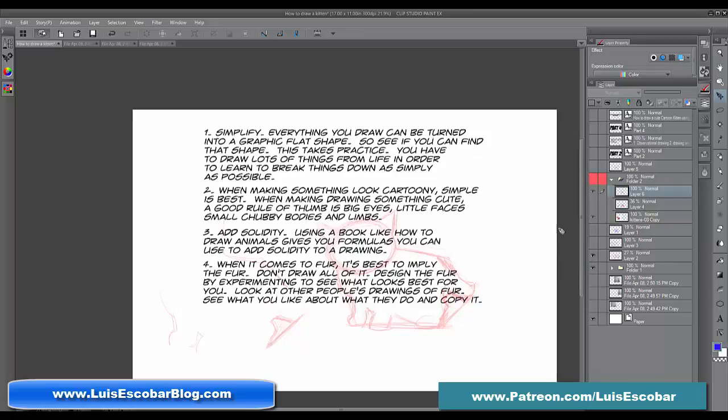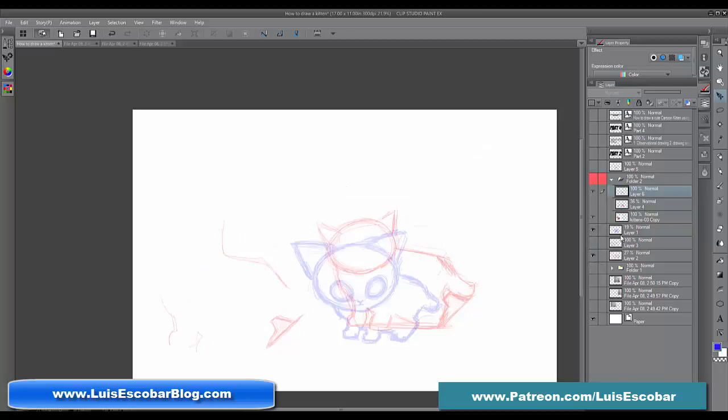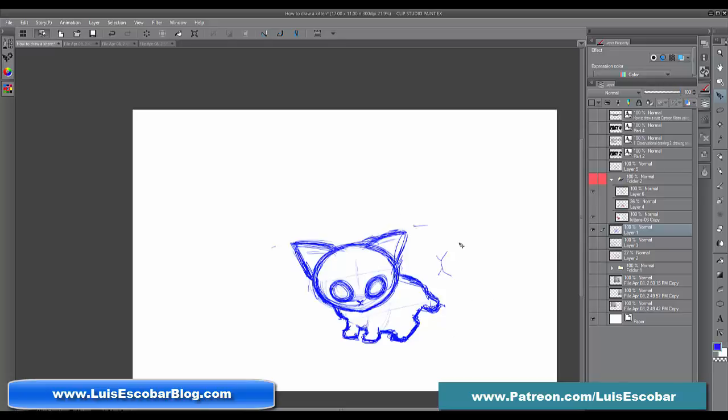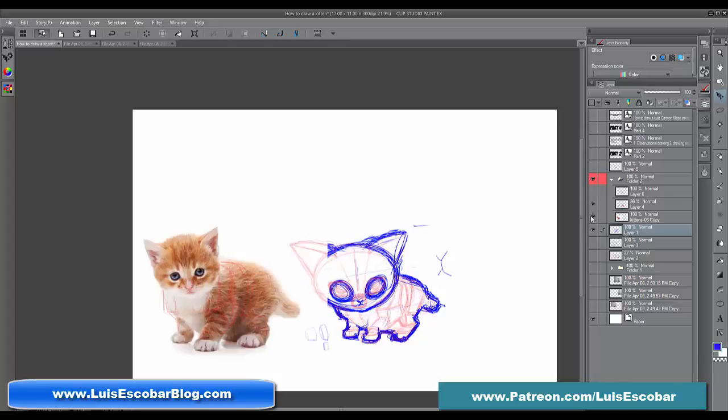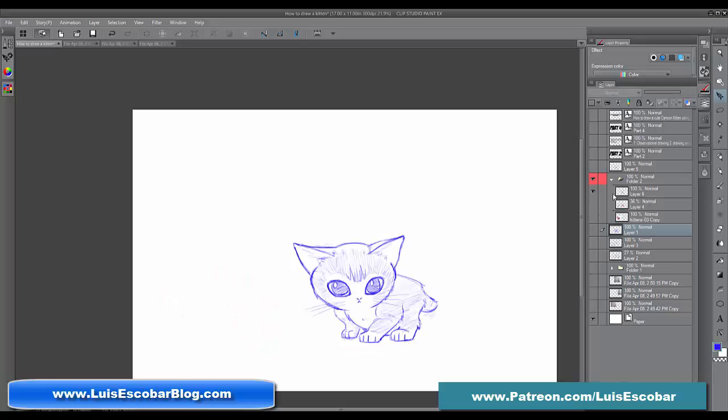And then after you've simplified your drawing, you can then start messing with the design elements, really pushing the elements around to make it more cartoony as experimentation, that sort of thing. After that, you go in and you start solidifying the drawing. So you start constructing the drawing so that you can have a better understanding of what you are drawing, and then finally you do the final drawing.